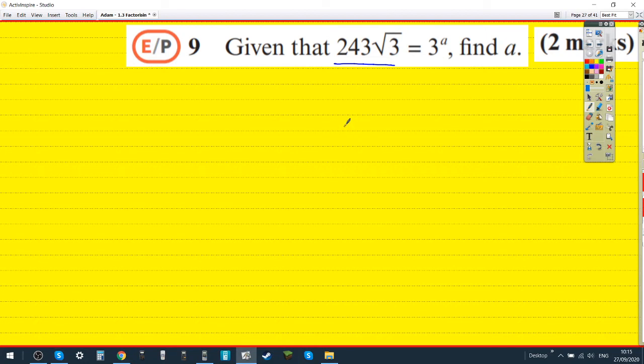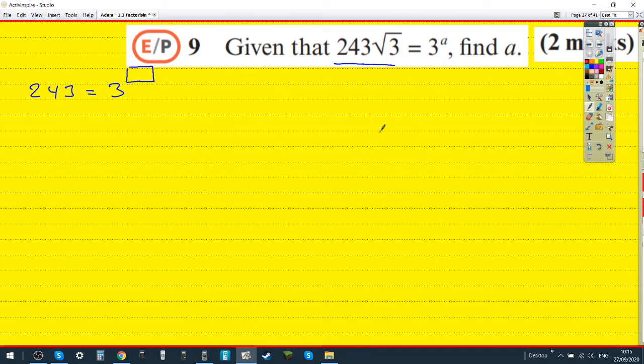Would that be... I don't know. You have to write 243 as 3 to the power of something. Would you root it by something?